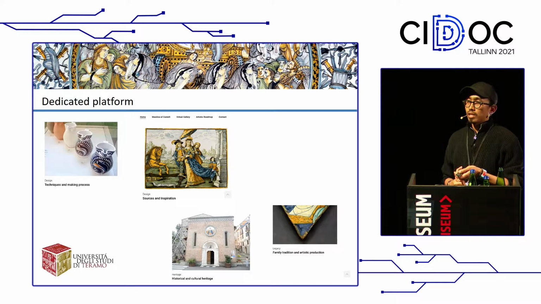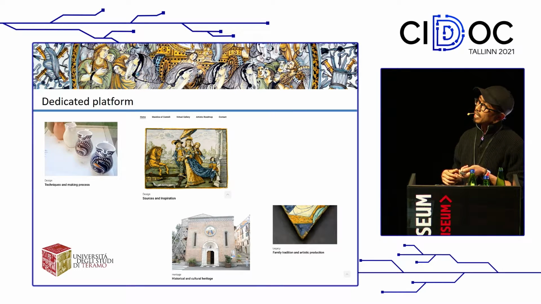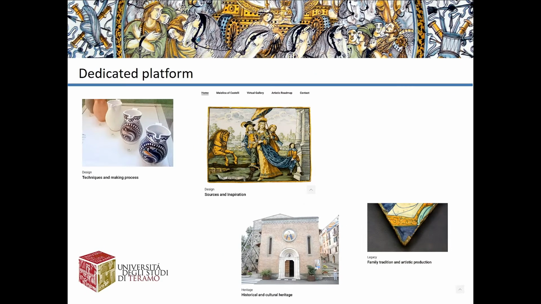It was called Historiato. It means it was hand painted, but from historical inspiration, and then of course also connected to the cultural heritage. Cultural heritage and historical buildings that are involved, and also they have a collection or maybe some pieces of Castelli.